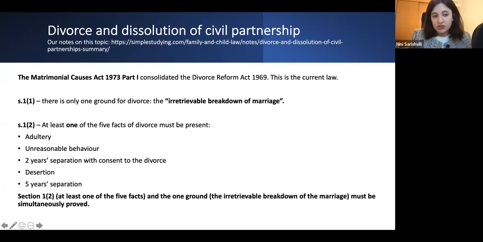So the second requirement, section 1(2), has to be either adultery, unreasonable behavior, 2 years separation with consent to the divorce decision, or 5 years separation. We will discuss each of it in turn.